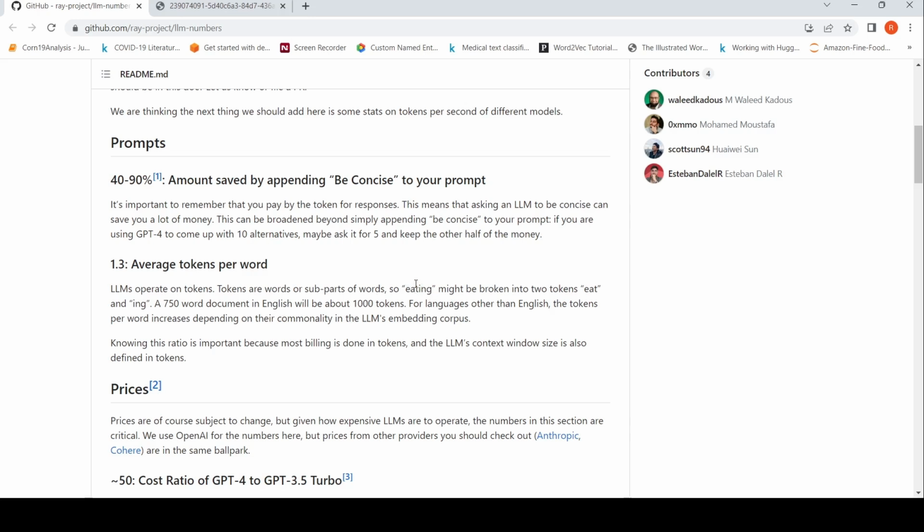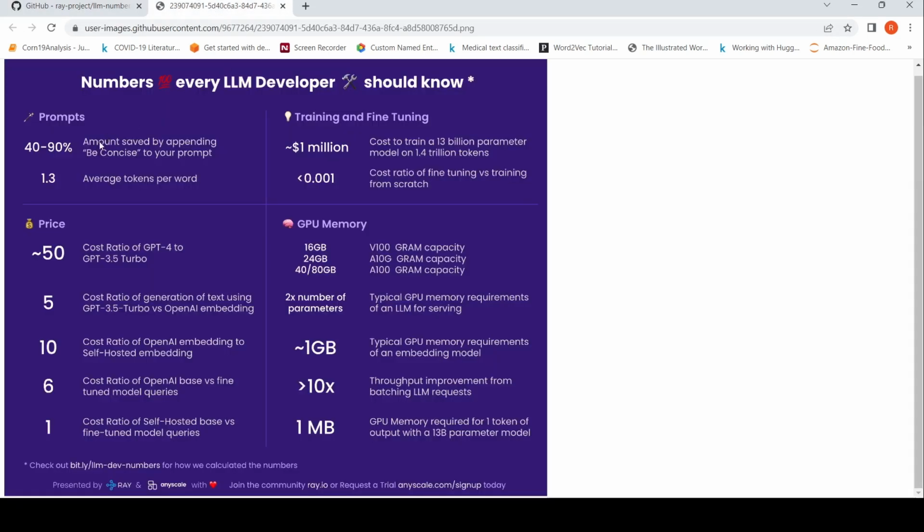So a word like "eating" might be broken into two tokens, "eat" and "ing". So this is a typical number, average tokens per word. Knowing this ratio is important because most billing is done in tokens, and the LLM's context window size is also defined in tokens. So this is about prompts.